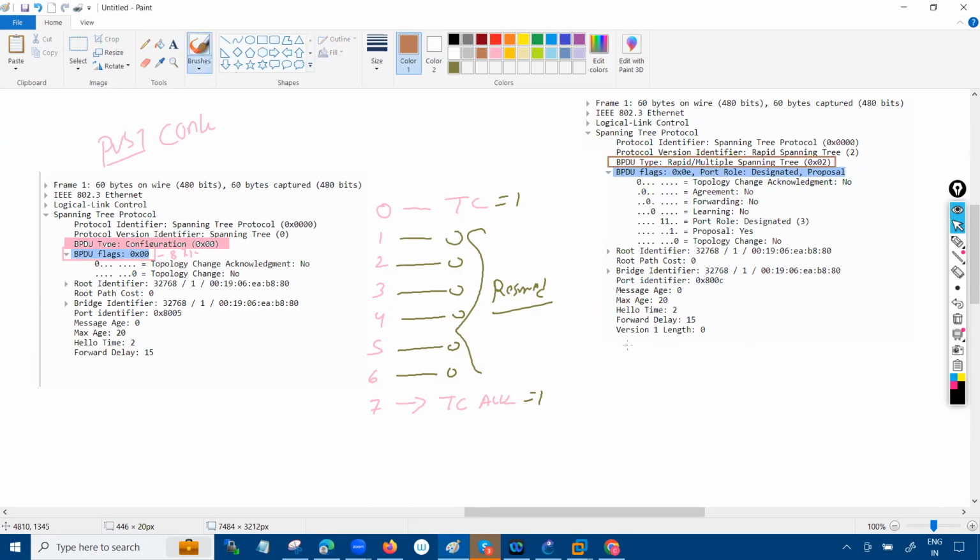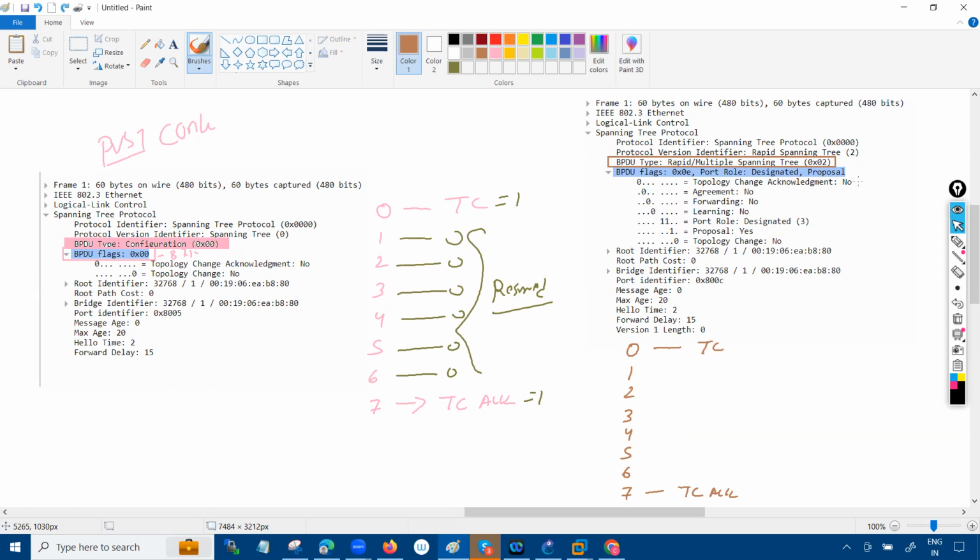Again we have bits 0 to 7. Bit 0 represents topology change, and bit 7 represents topology change acknowledgement.